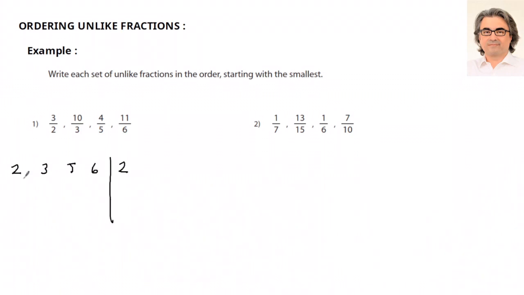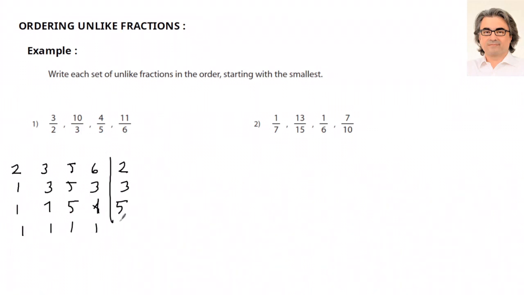2, 3, 5, and 6. Divide with 2: this is 1, this is 3, this is 5, this is 3. After that, divide with 3: this is again 1, 1, 5, 1. After that, 5 should be divided with 5, the result is 1. All reached 1.